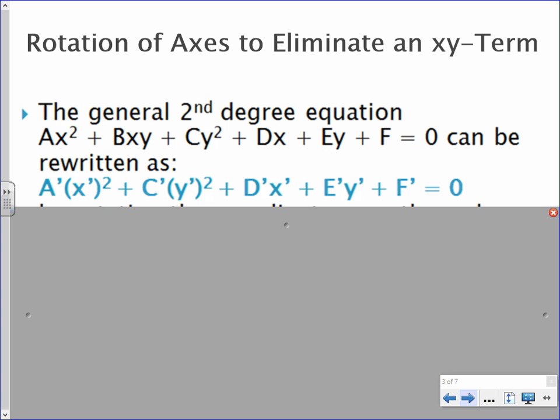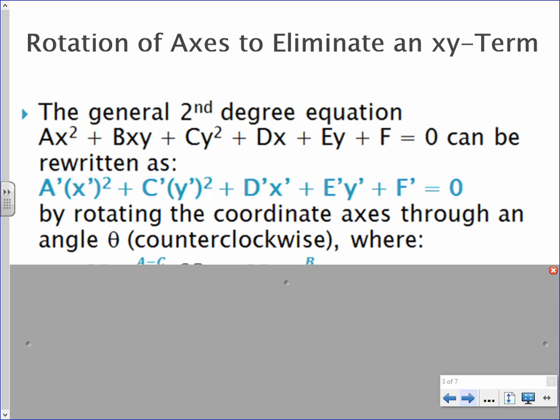Basically what's going to happen is we are going to draw a new set of axes, the x prime and the y prime axes, and those are the ones that are being rotated. And then we'll have a new equation to graph on a new set of axes. That's why you see the x prime and y prime.